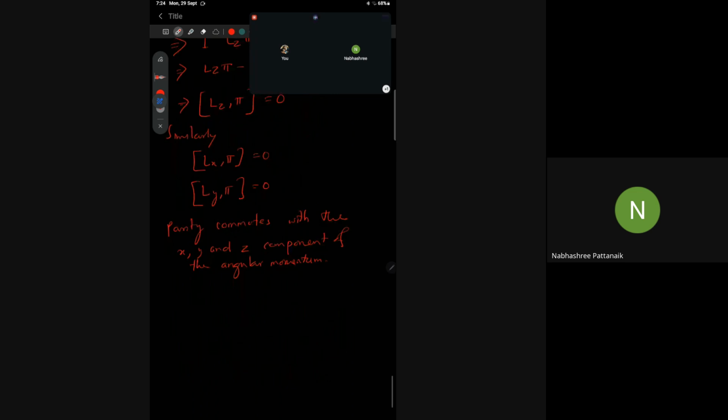Similarly, you can show that parity also commutes with the x, y, and z component of spin angular momentum. This is orbital angular momentum basically. Similarly, you can also show that it will commute with spin angular momentum.